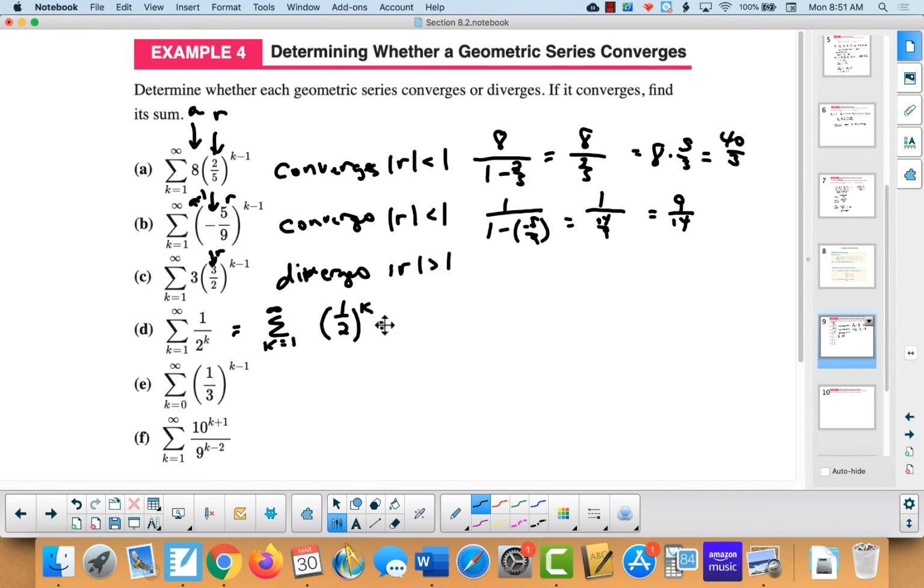Still not in the form though, because we need k minus 1. So to get k minus 1, that's going to be 1/2 times 1/2 to k minus 1. This is the same thing as this, and now we have it in the correct form where r is 1/2, so this converges.